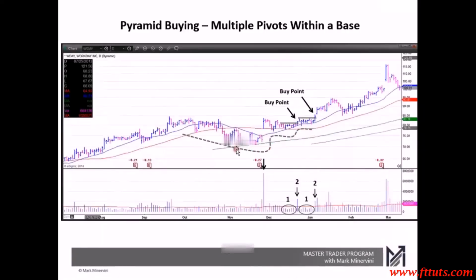It actually looks even better. And then I'll add to my position, or maybe I missed it on this one. I didn't buy it for whatever reason. Then I start watching it, and it tightens up, and it gives me that next buy point. You're going to see the same thing. You're going to get the same 1-2 and the same type of setup within that larger base.